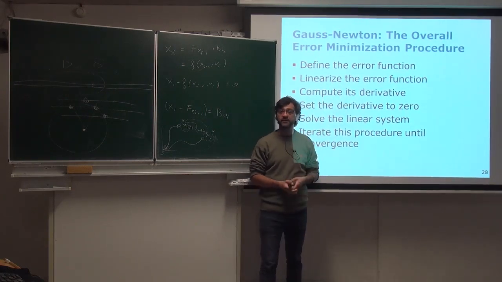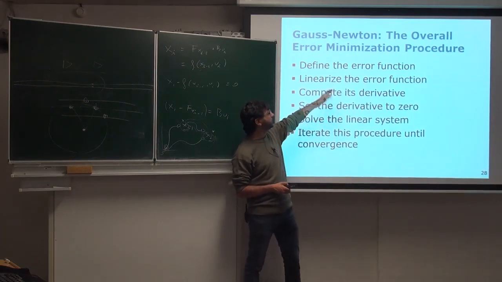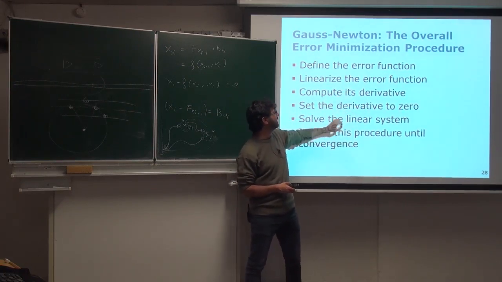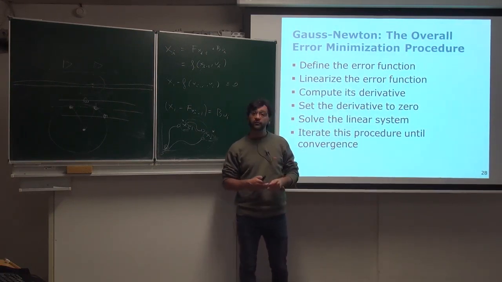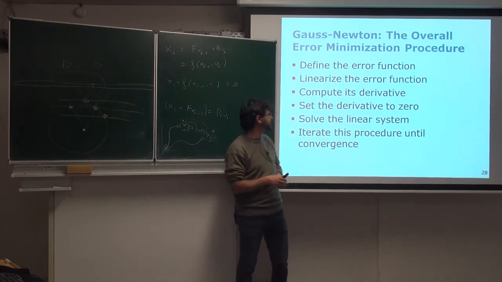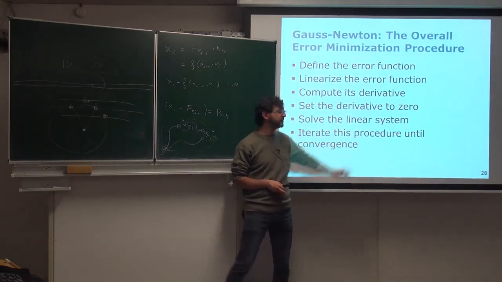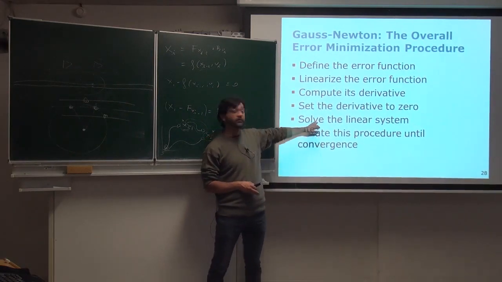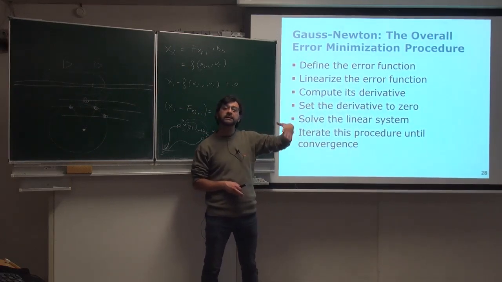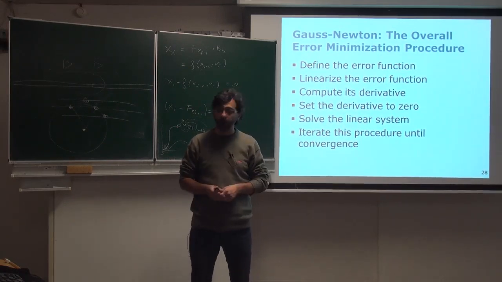Once the error function is linearized, we have a linear least squares problem. Once we have the derivative of this, we can put the derivative to 0. We get our H and our b, if you remember from the last lectures, which means we now have our nice linear system. We solve the linear system, and then we iterate to the new solution. We go on until we converge to a minimum of our problem.